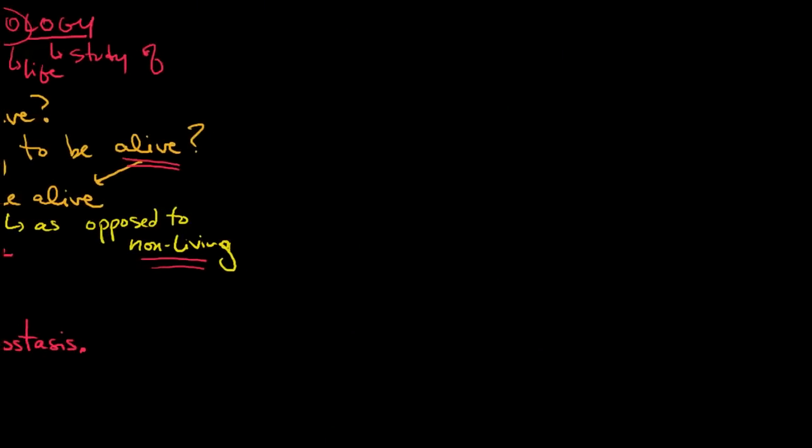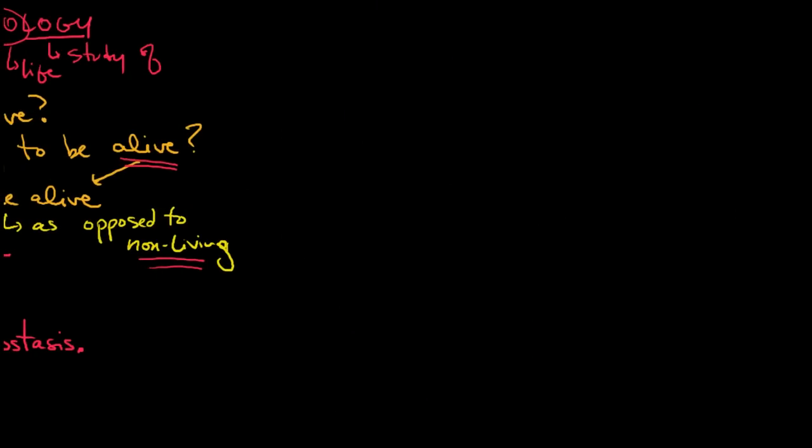So the first one is the list of characteristics of life. I'm going to list them and just talk about them very, very briefly. So the first one is homeostasis, which should be a familiar term to you from middle school.